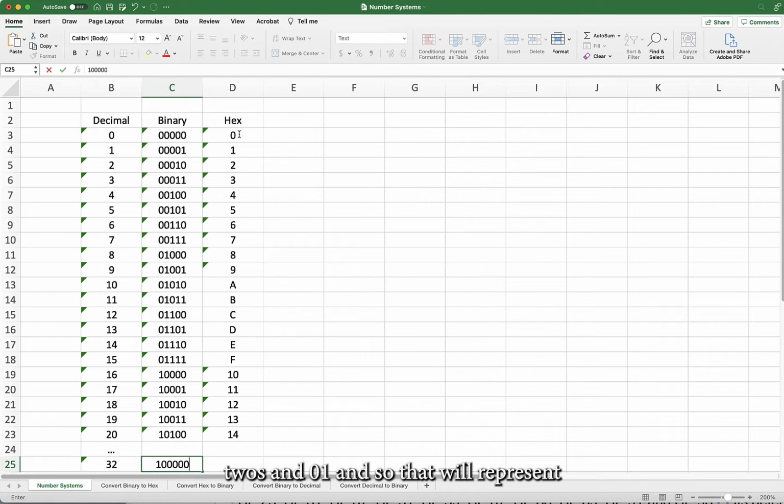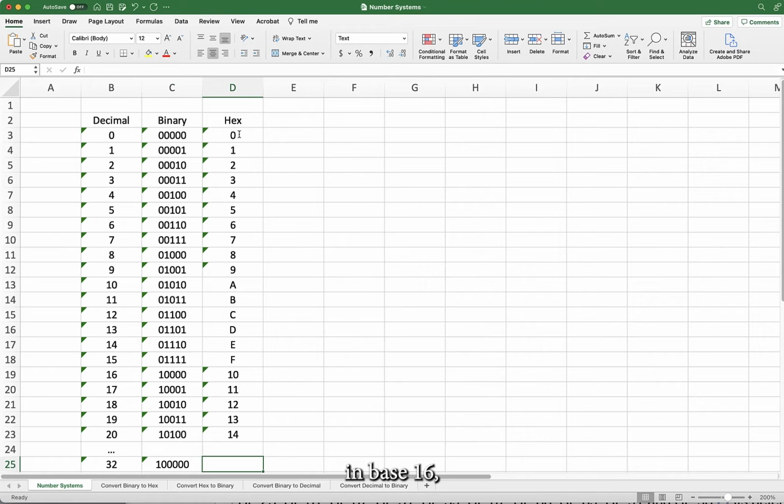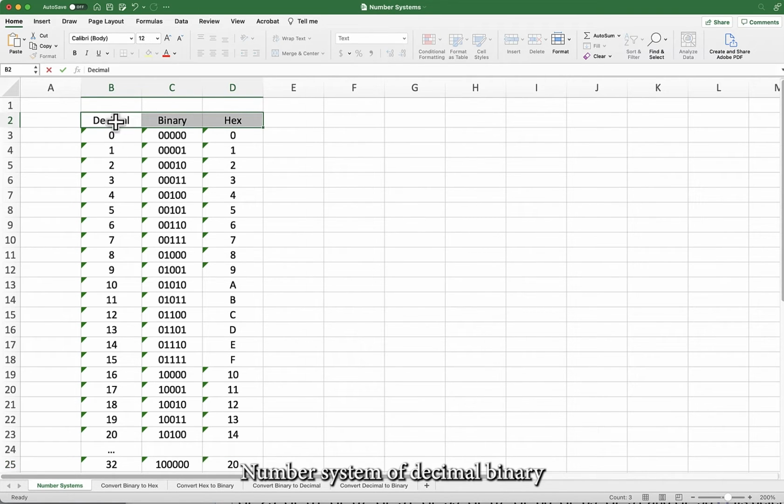So that will represent 32. In base 16, 32 is 2 units of 16 and 0 units of 1. And this is what gives us our number system of decimal, binary, and hex.